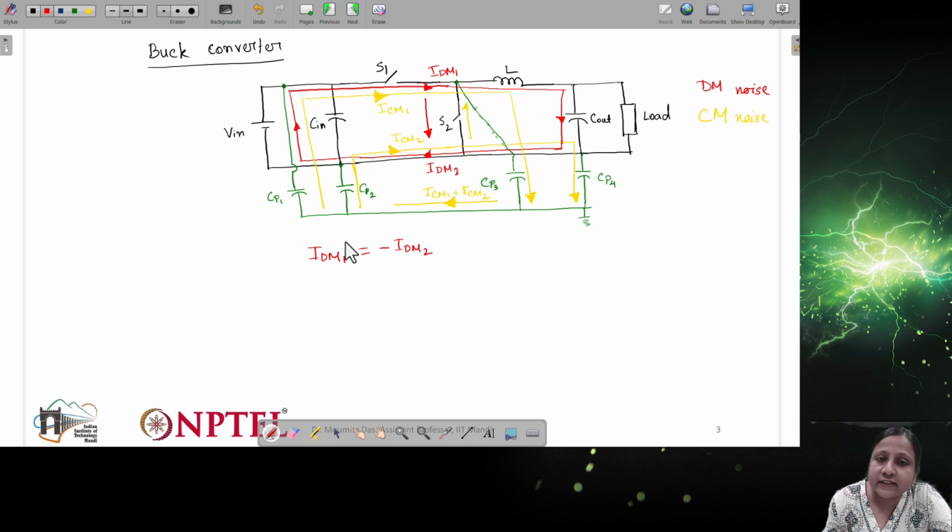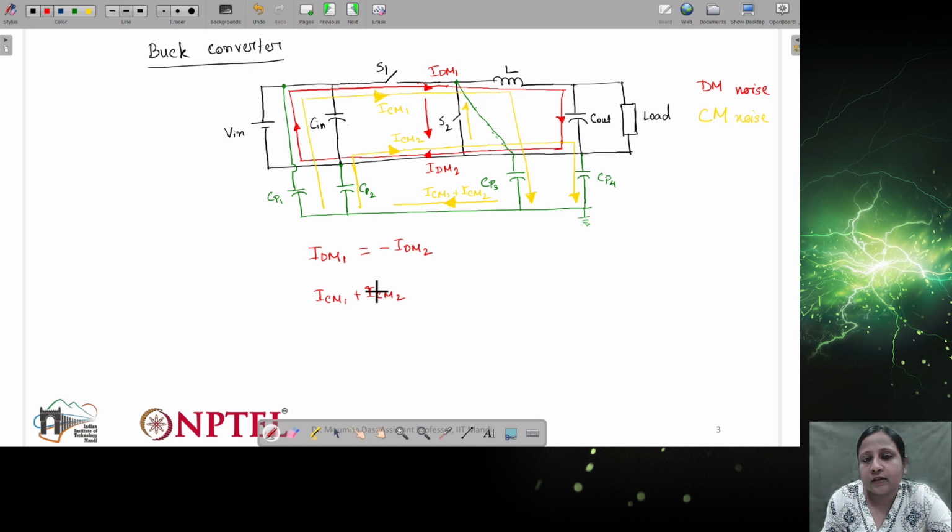Whereas the return current, ICM1 plus ICM2, will provide the return path current, and ICM1 and ICM2 will be through the two different power lines, the positive and the negative lines, right? They can be of different magnitude or maybe similar.